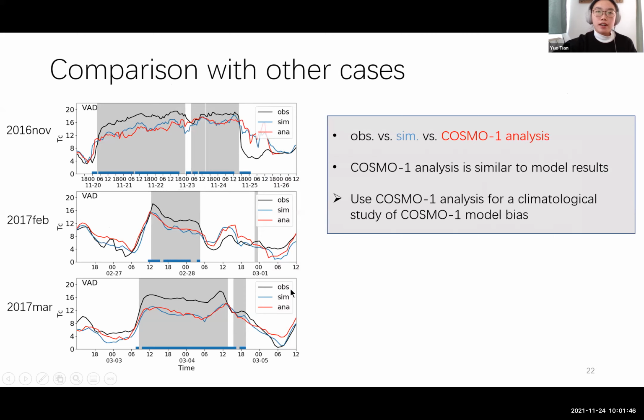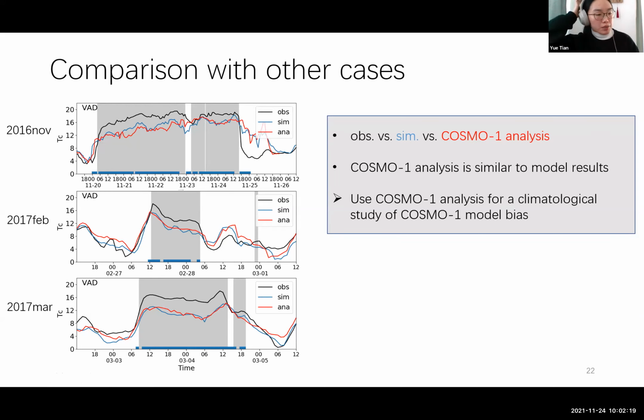And so here I'm showing you the Cosmo 1 analysis that we use to initiate these simulations. And then you can see that for the 3 cases we have, the Cosmo 1 analysis is quite similar to the result.